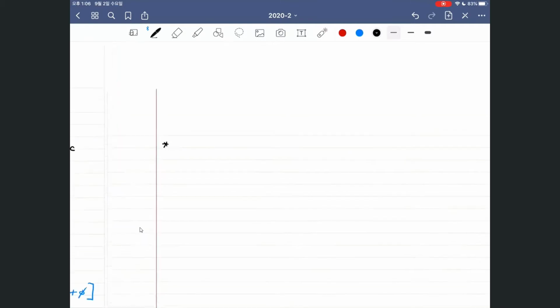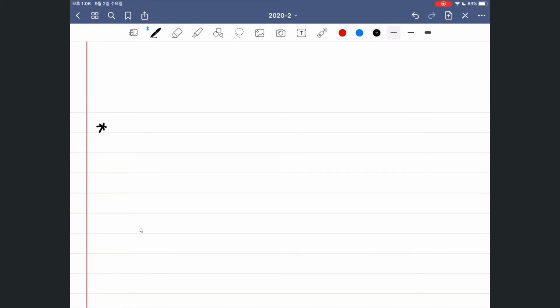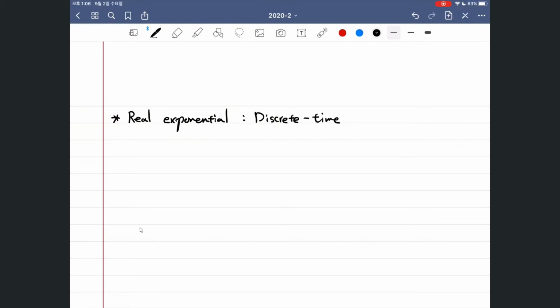And about the discrete time, we can write down the equation similar to the continuous time as c times e to the beta times n.